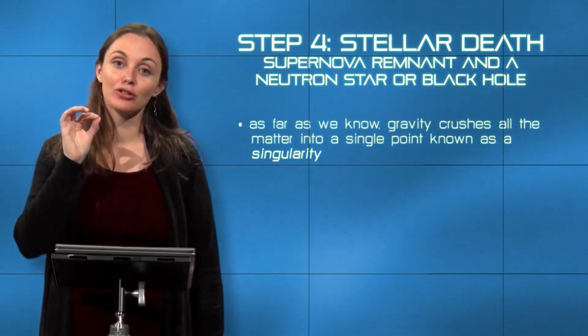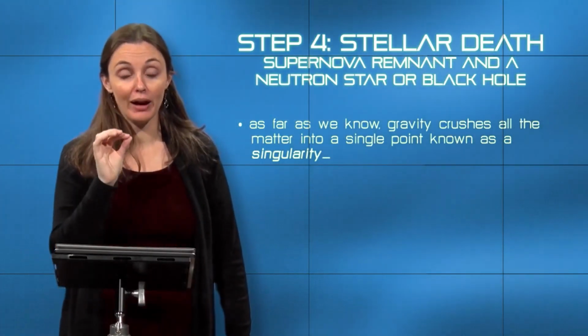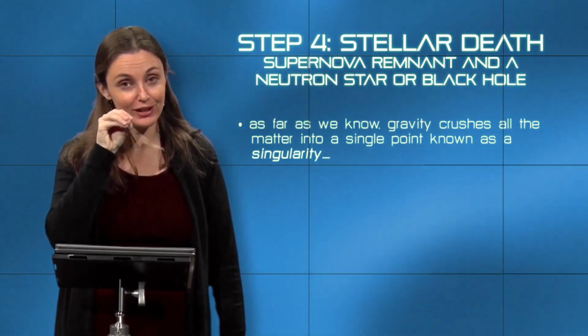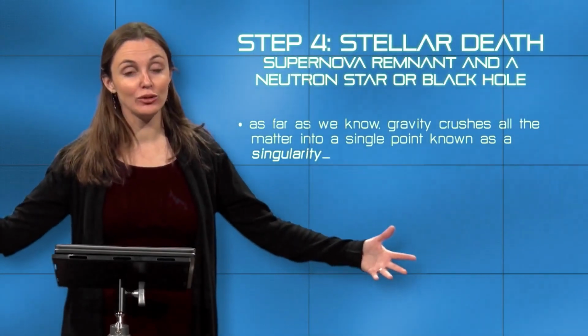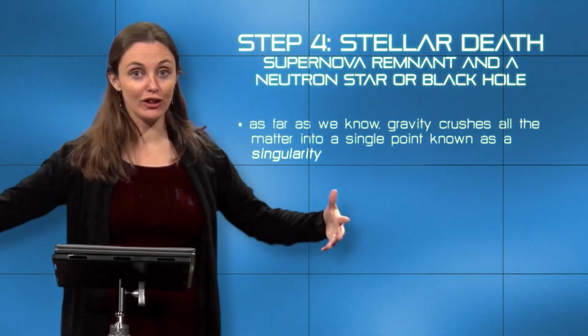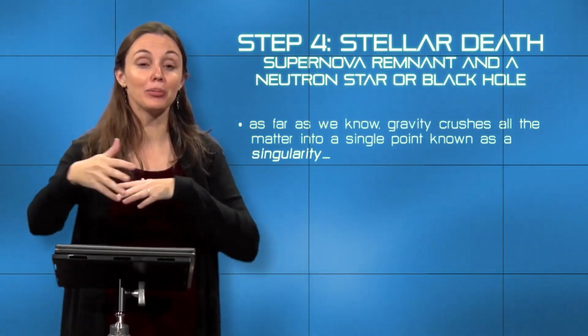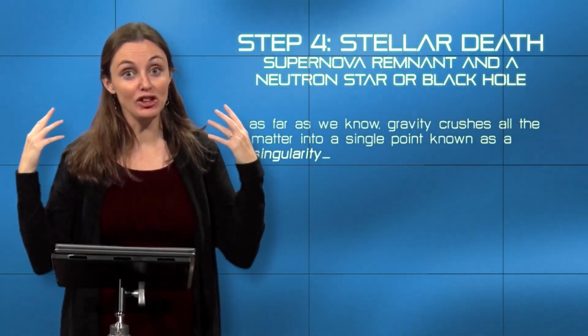Smaller than an atom, smaller than a neutron. You've essentially crushed matter into nothingness. But that nothingness, that single point, contains an incredible amount of mass still. So it still has an effect on all of the other objects around it. Objects can still rotate around a black hole, for instance, but they're rotating around seemingly nothingness.